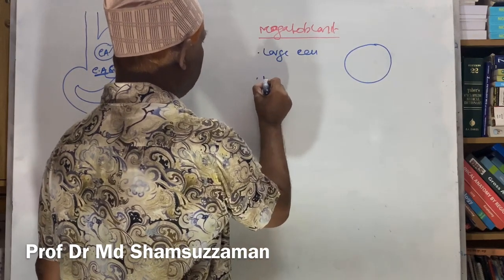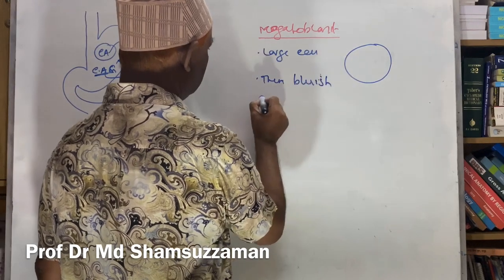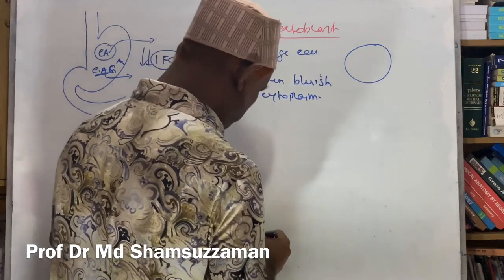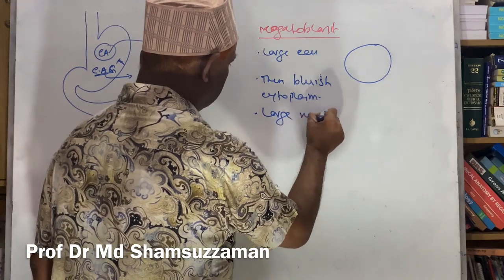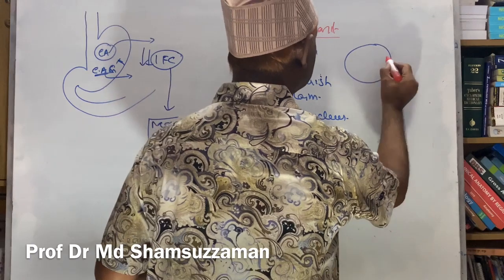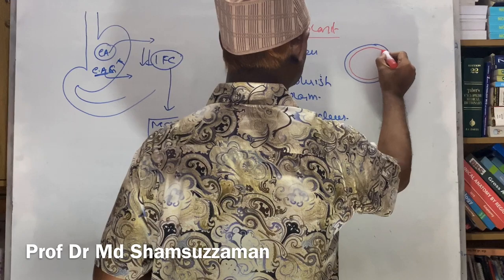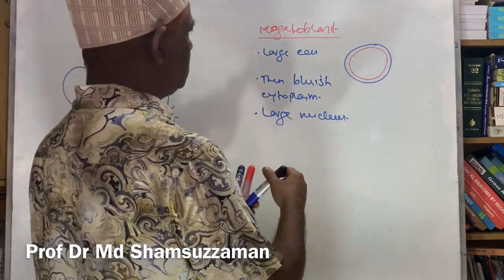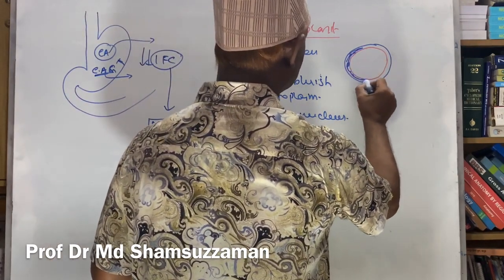Then thin bluish cytoplasm. Then large nucleus. So due to the large nucleus, there is thin bluish cytoplasm. So this is the nucleus and thin bluish cytoplasm, like this.